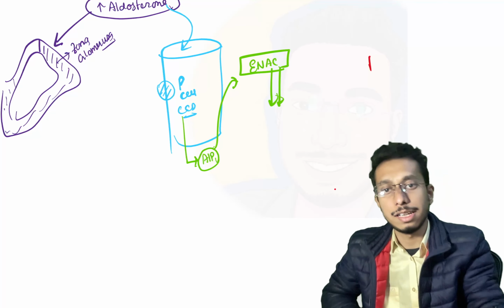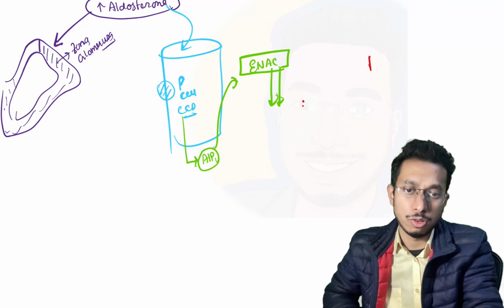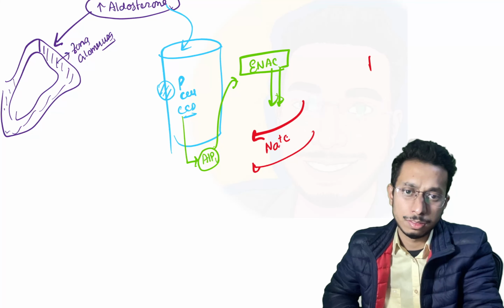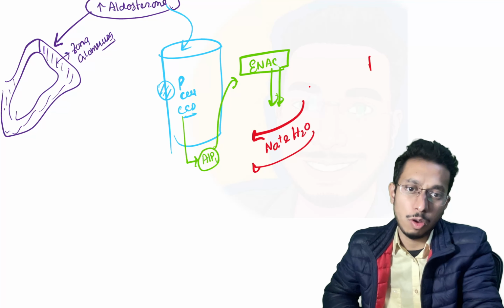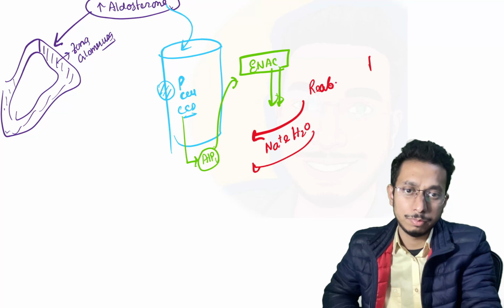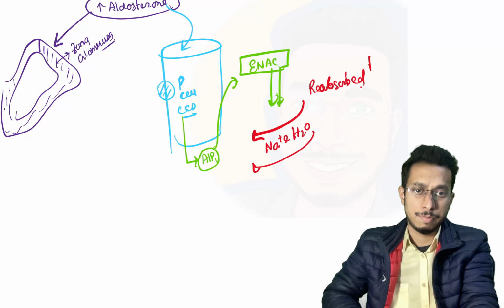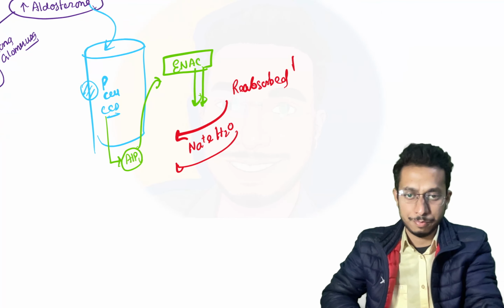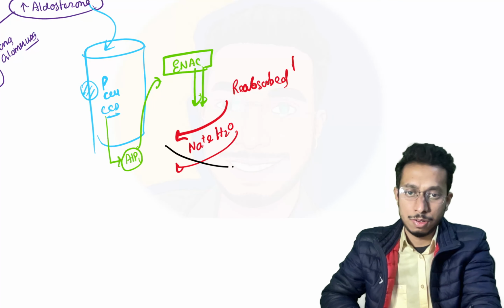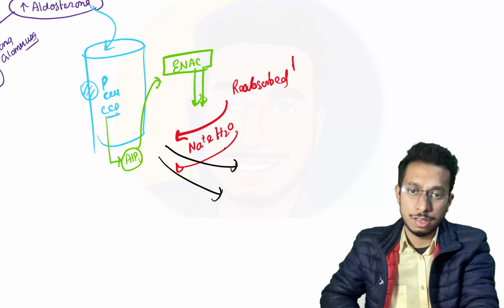So how does the epithelial sodium channel mediate its action? It causes sodium and water to get reabsorbed and it throws away potassium and H plus against it.